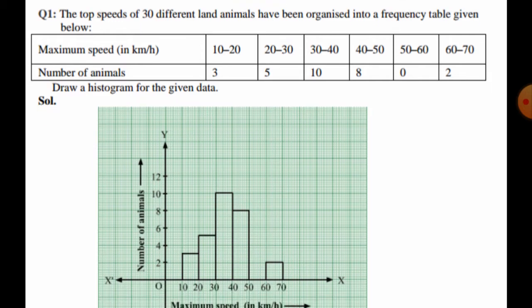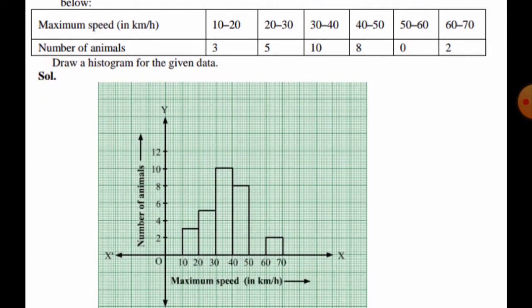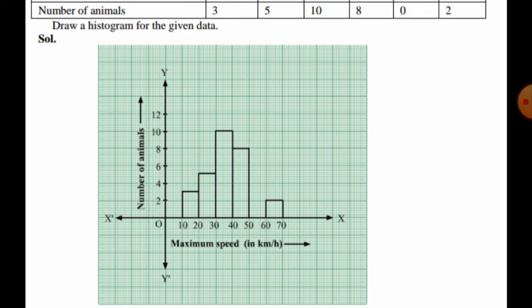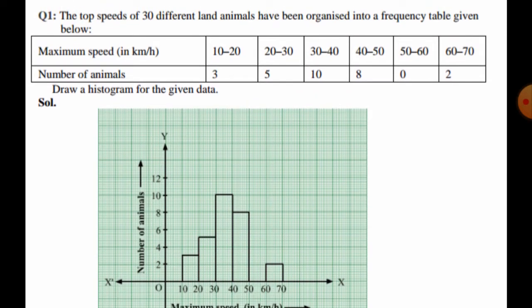For making a histogram, we have to use graph paper, and on the graph paper we will make the x-axis and y-axis. From this frequency distribution table, the maximum speed classes are 10 to 20, 20 to 30, 30 to 40, 40 to 50, 50 to 60 and 60 to 70. These are class intervals.